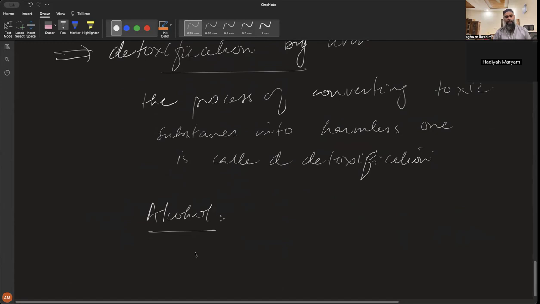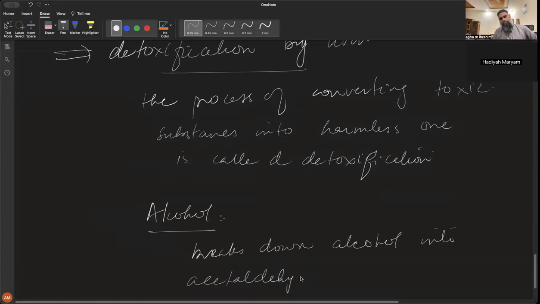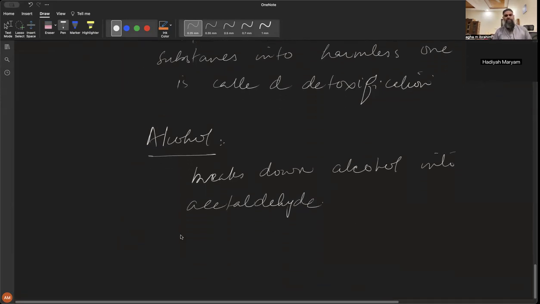The liver breaks down alcohol into acetaldehyde.